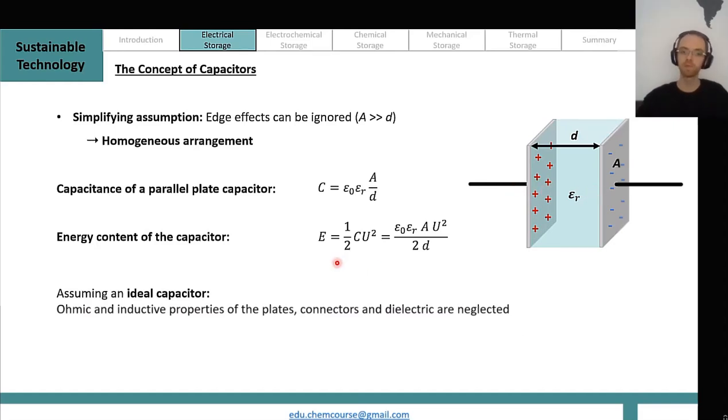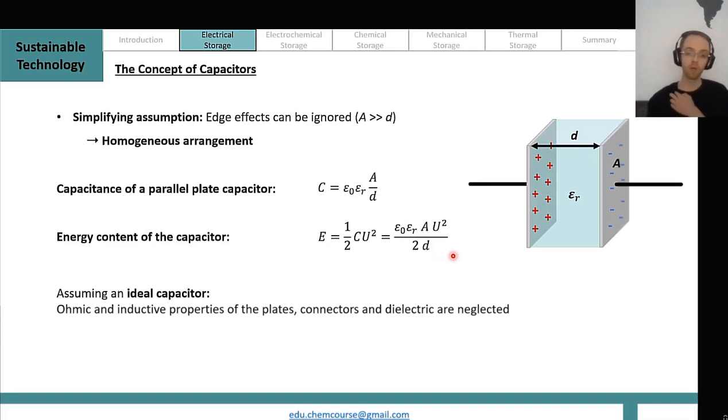And now more specifically, the energy content of the capacitor is a value which also takes the voltage into account. The energy stored in the capacitor is 1.5 times capacitance times the voltage squared. And if we use the formula from above, we get this corresponding formula here.